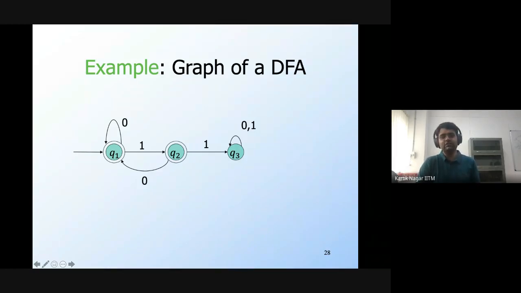So what is this DFA doing? First of all, what's a string that's accepted by this DFA? I'm asking a very simple question: what's an example of a string that's accepted by this DFA?